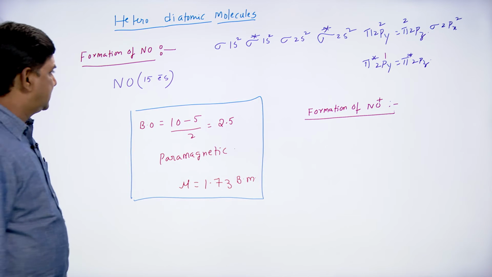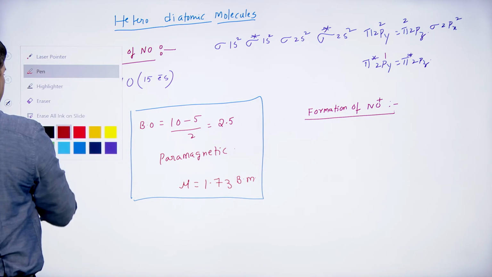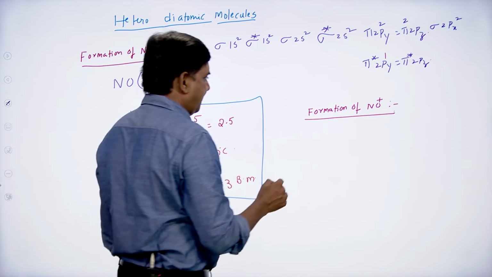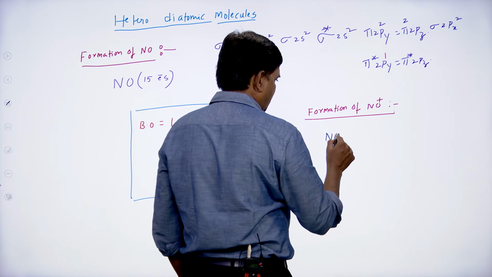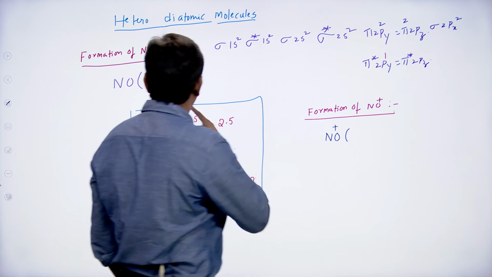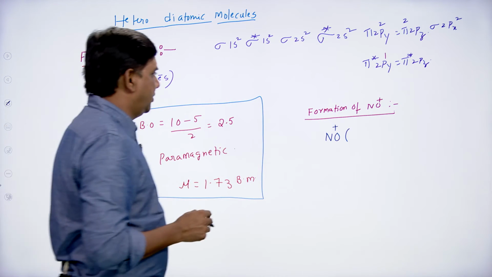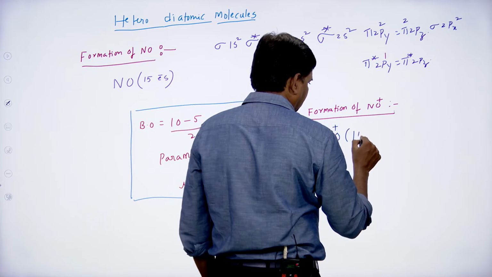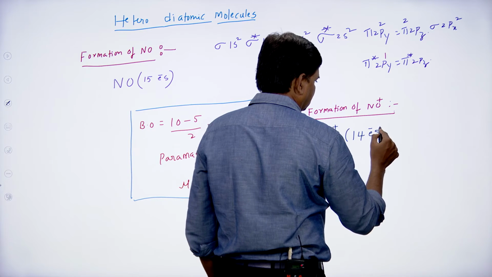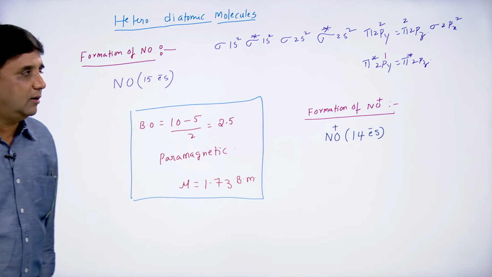Formation of NO plus contains 14 electrons.